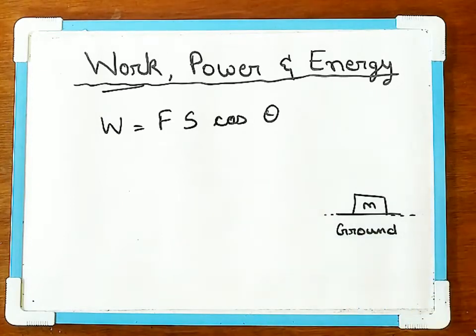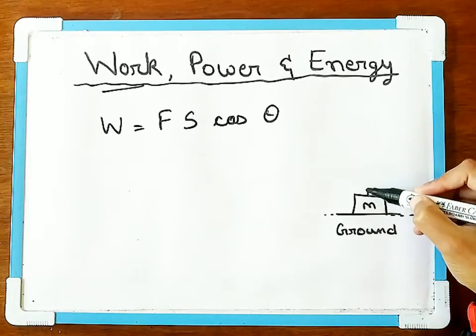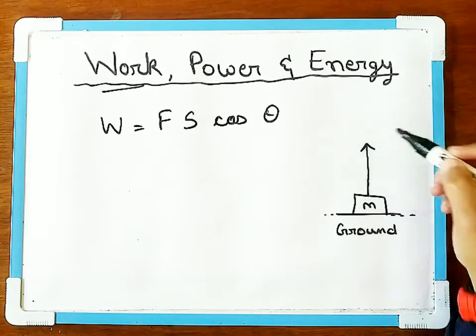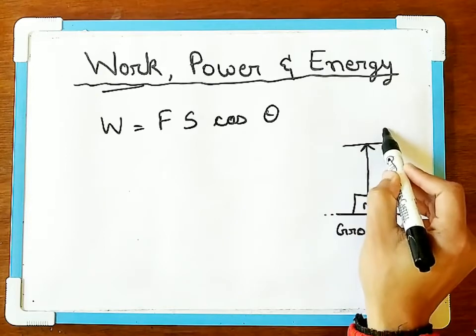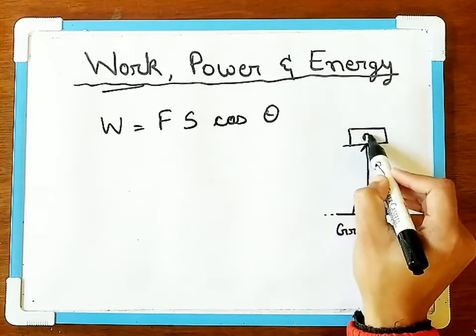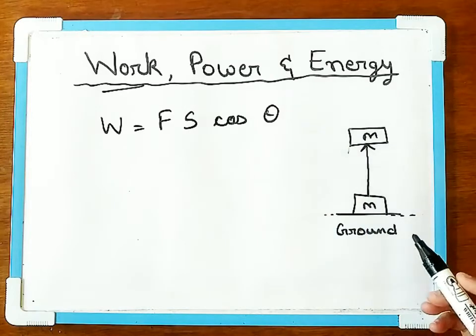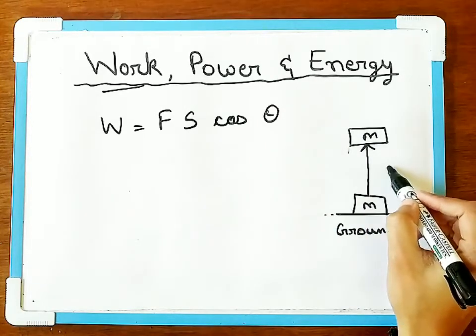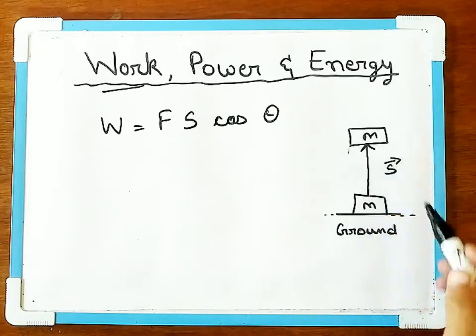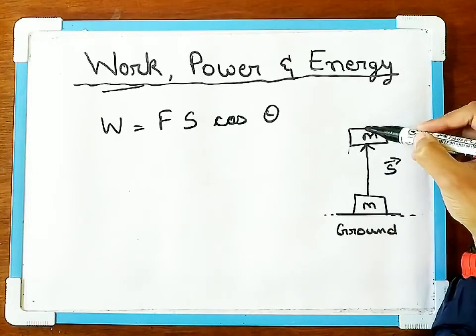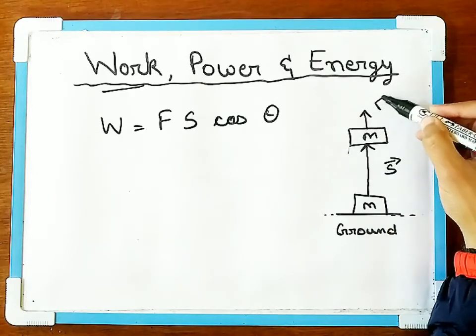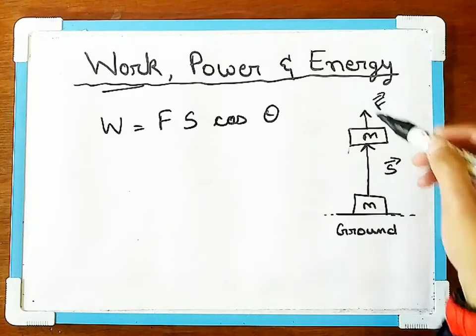So if we lift this object of mass m from the ground to this position, say by displacement S, and the force applied here is in this direction. So this is the force applied in the upward direction.